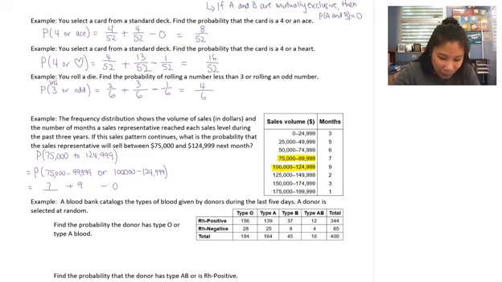But then because it's a probability, we also need to put it over the total, like how many outcomes there are total. So in order to find that number, we'd have to add all of my frequencies up. When I do that, I end up with a total frequency of 36. So each of my probabilities will be over 36.